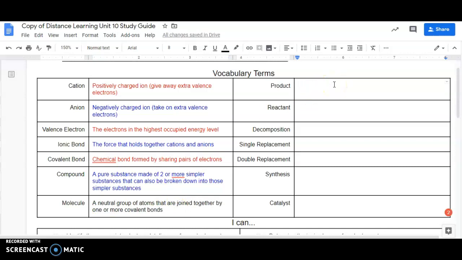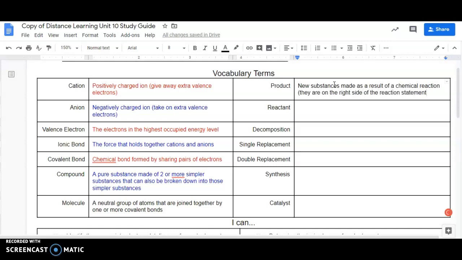Okay, over here, product. Products are the new substances made or formed as a result of a chemical reaction. They are on the right side of the reaction statement.